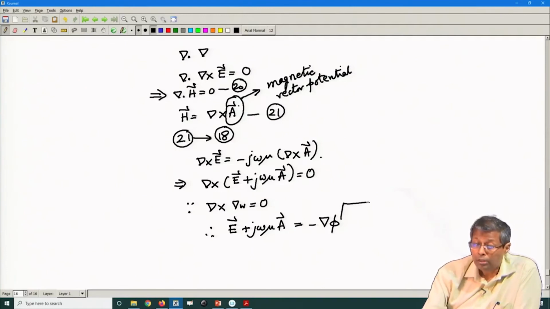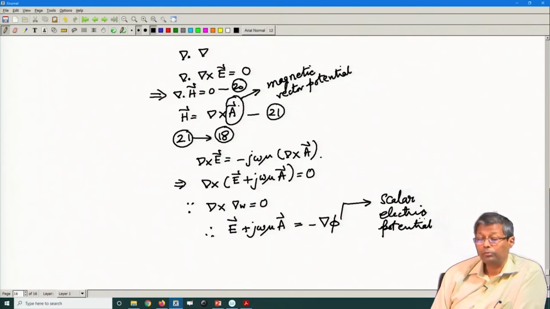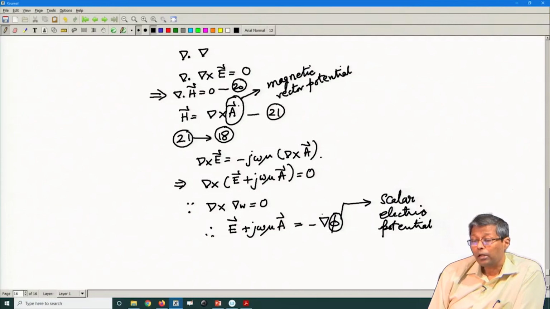We call this the scalar electric potential. So, this is called the scalar electric potential.